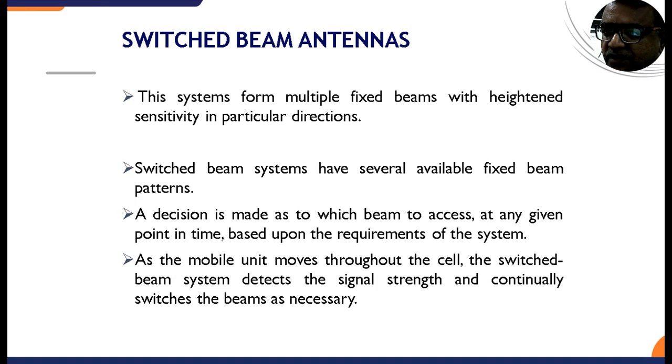So the particular beam will be activated whenever we need to use the particular location. As the mobile unit moves throughout the cell, the switched beam system detects the signal strength and continuously switches the beam as necessary, so that the beam is activated for the mobile user in the target area.